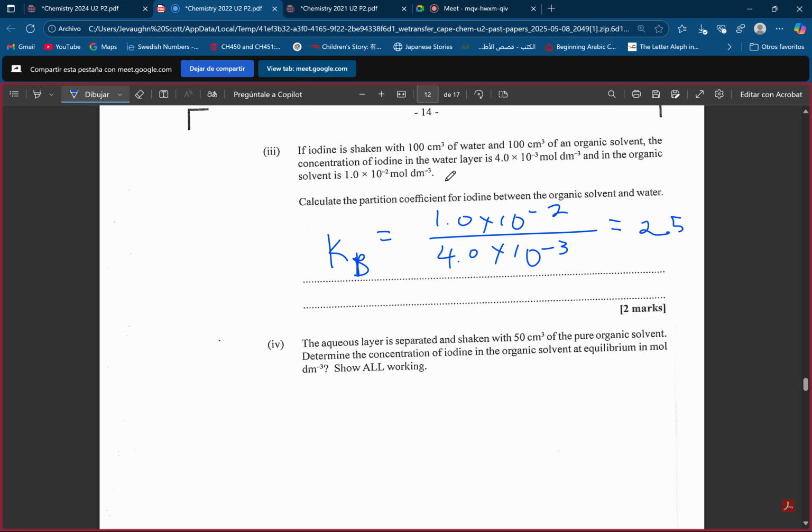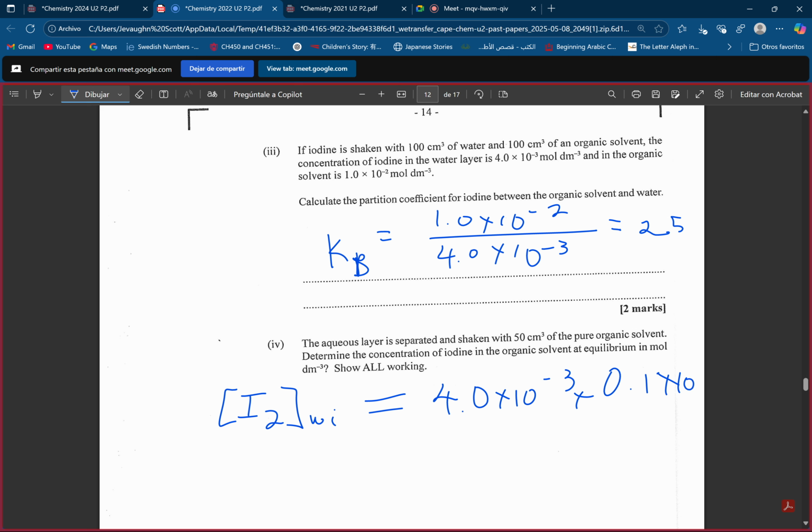That simply means that the initial moles of iodine in water would be the multiplication, the opposite of what we did. So 4.0 times 10 to the negative 3 times 0.1. How much is that?